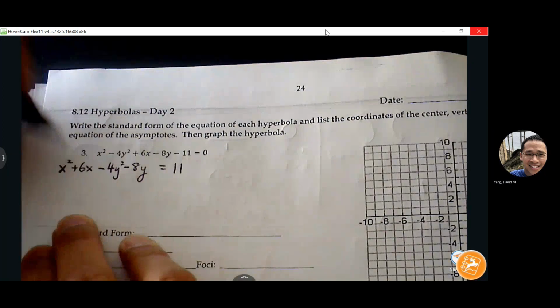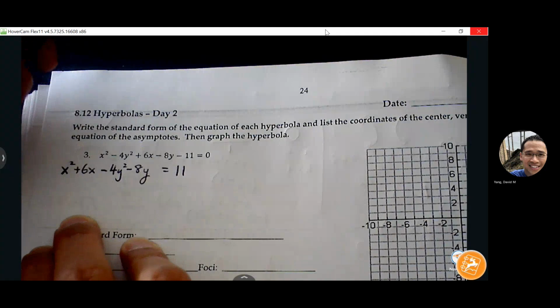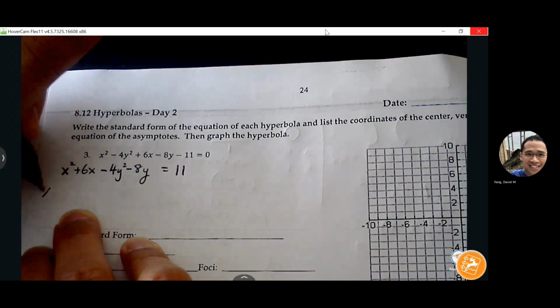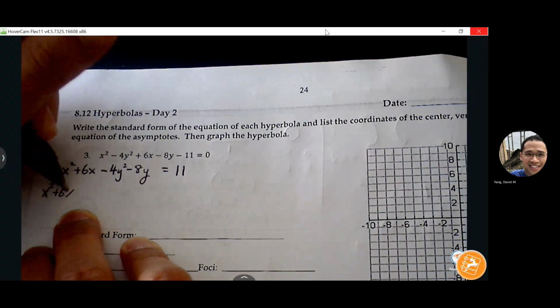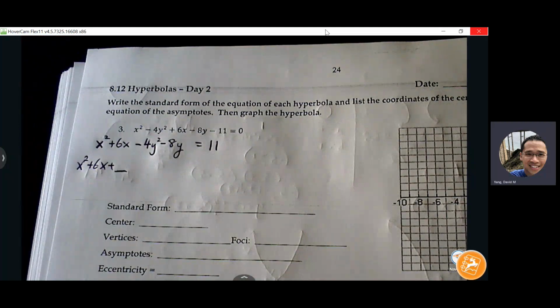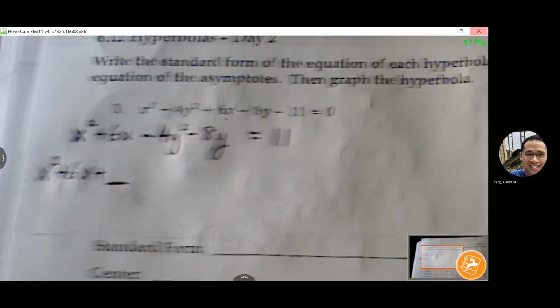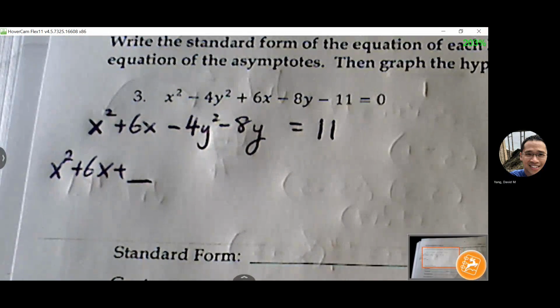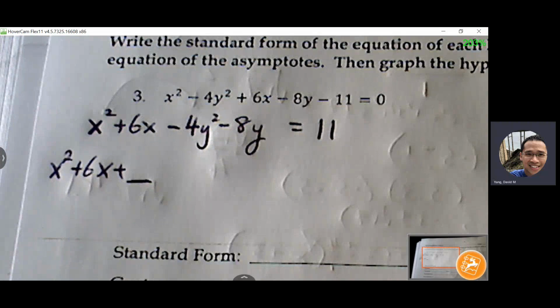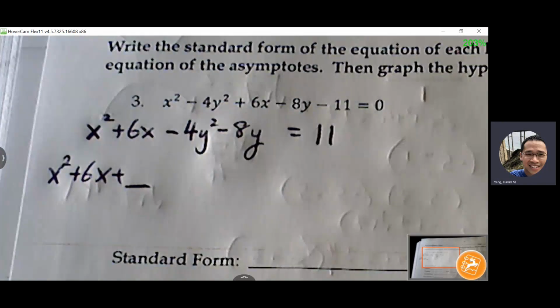Okay, so that one is going to be nicely set up like that: x squared plus 6x plus space. Now, what GCF do we have to worry about with the y's? -4, that's right.